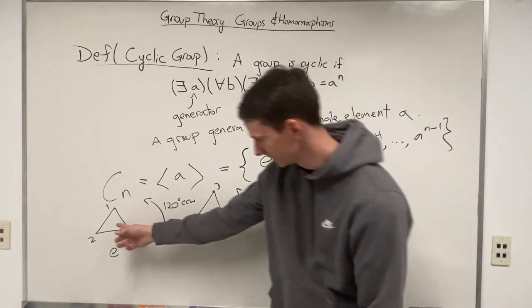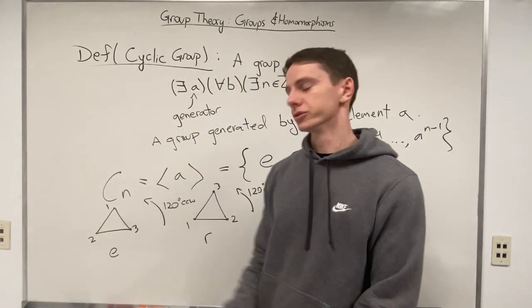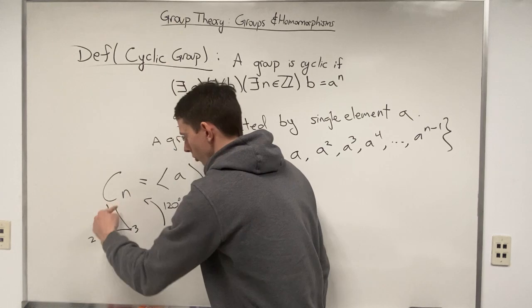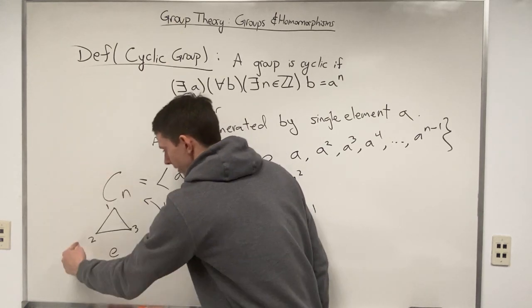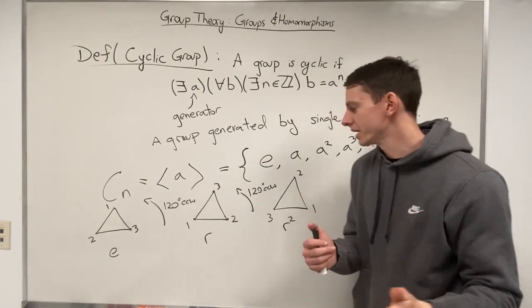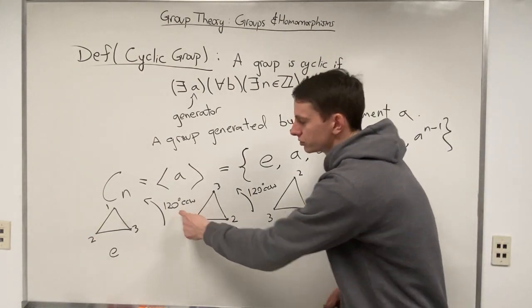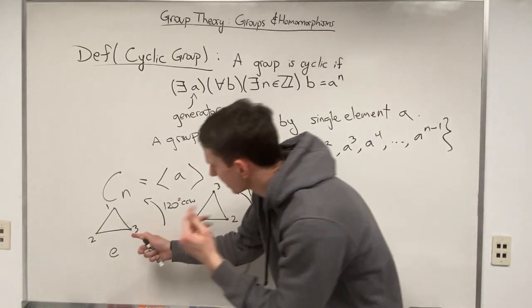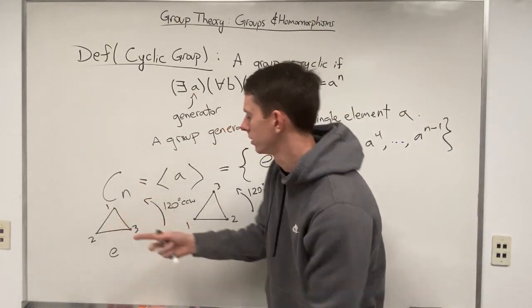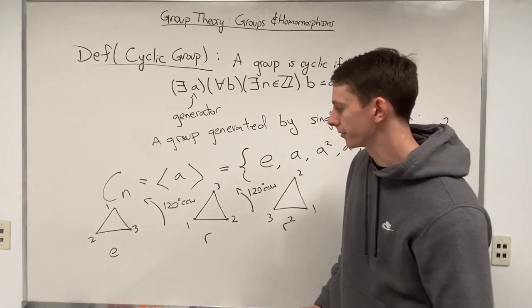So imagine taking this triangle and rotating it by a full circle. If we were to do that, 1 goes back to 1, 2 goes back to 2, and 3 goes back to 3. Rotating it 3 different times by 120 degrees gets us back to this starting point. It cycles back to the original orientation of the triangle.